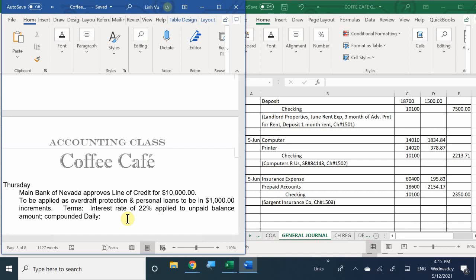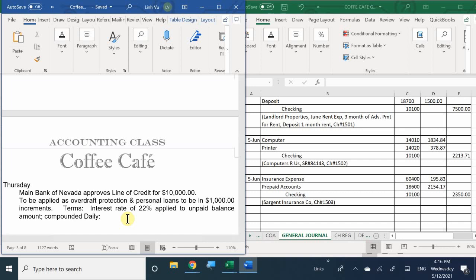Okay? So therefore, we do get approved for the line of credit, but again, the only use for this credit is if we overdraft our bank account. So in this case, if you write a bunch of NSF checks, obviously you get charged for the NSF, but the bank will press forward and pay for that charge for you.